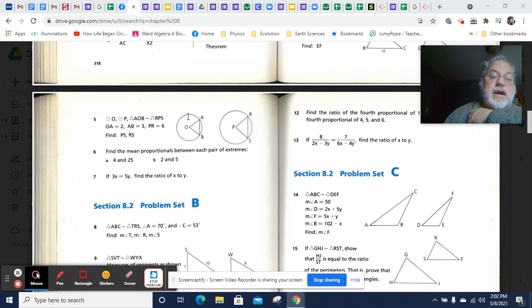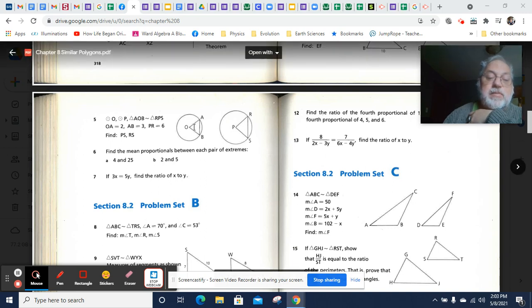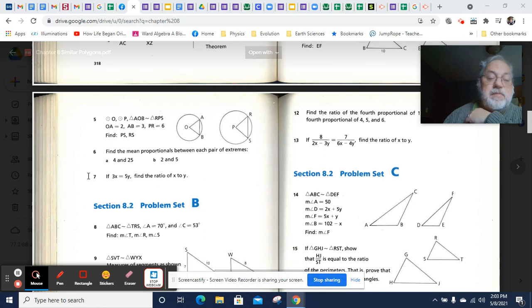And so that's 3 times what OA is. And that means that RS is going to be 3 times what AB is, because those are corresponding sides. And since it's a circle, OA and OB are radii, and PR and PS are radii. So the radii for P are both going to be the same. The radii for O are both going to be the same.